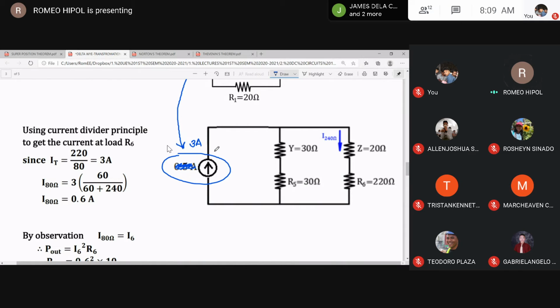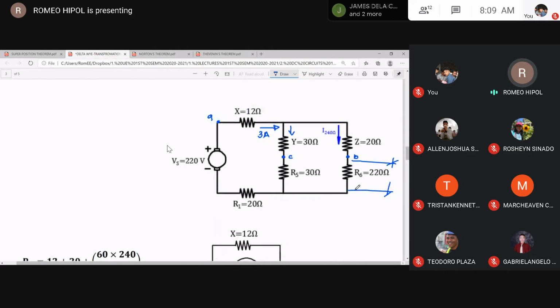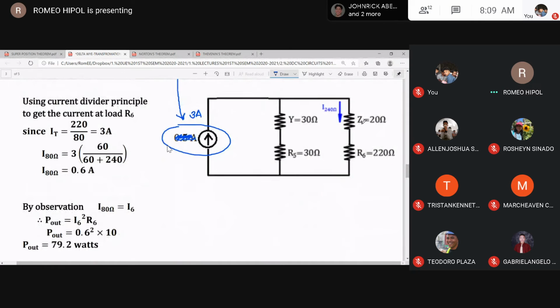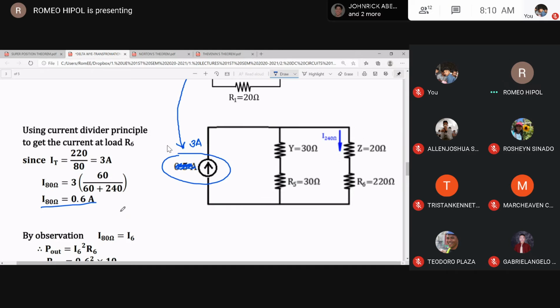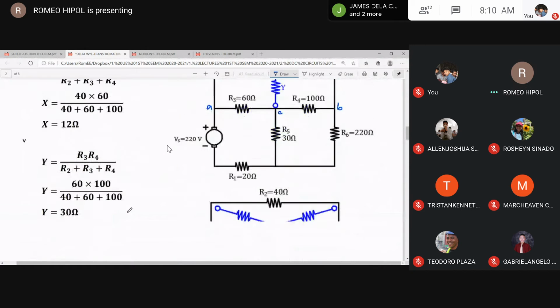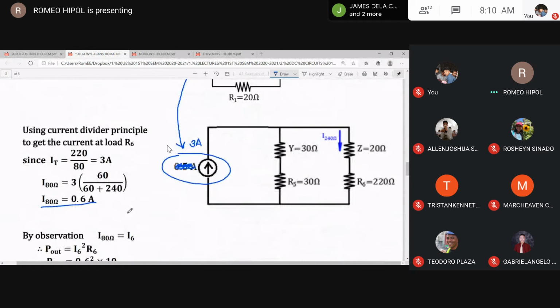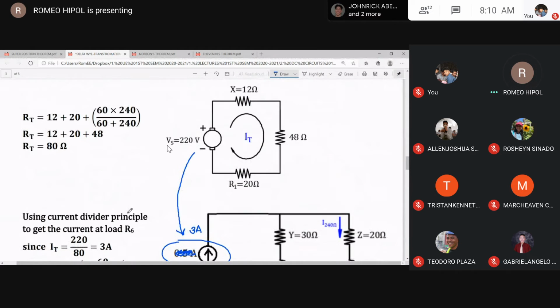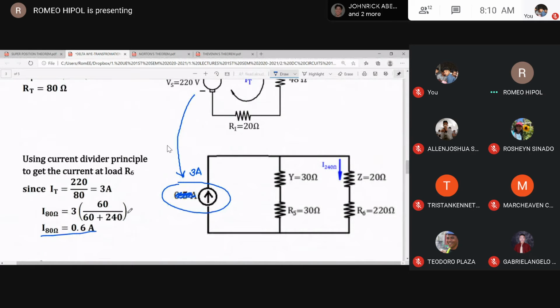And if we are going to calculate the resistance ng R6, kasi at this branch, we have a series branch, 220 and 20, so a total of 240. So we have current at 80 ohm. Nagkamali lang ako, hindi to 80. Sige.